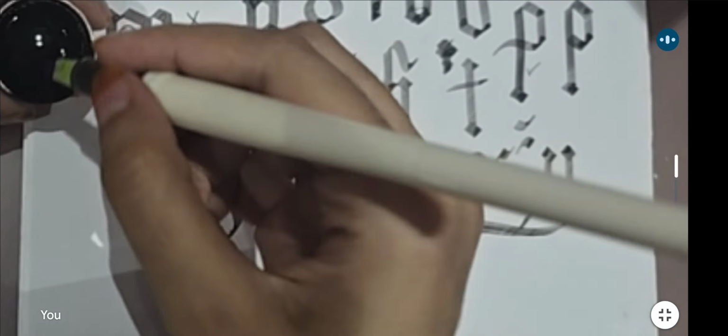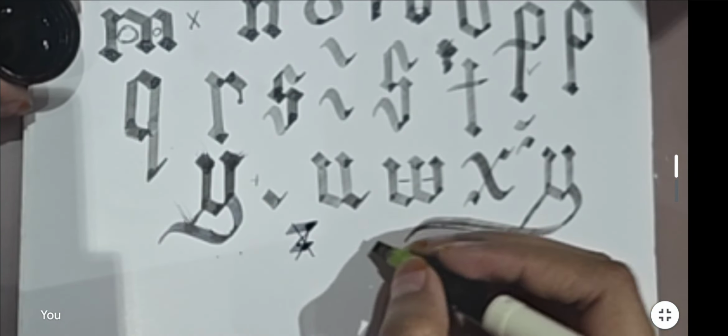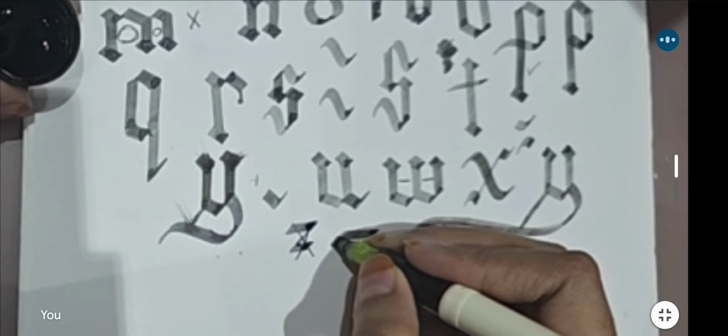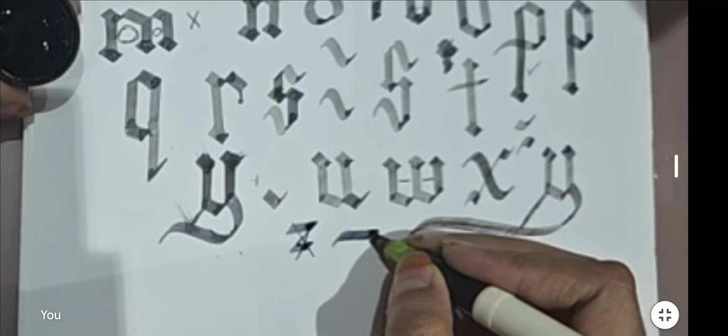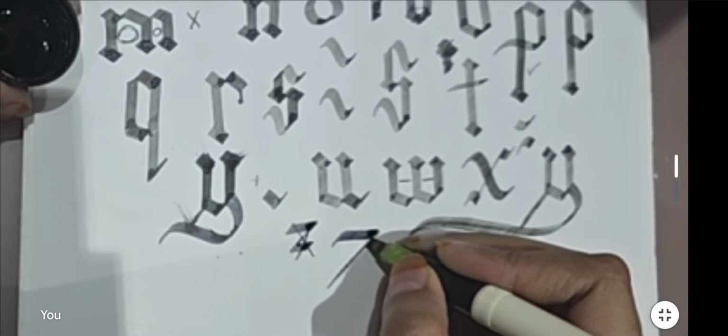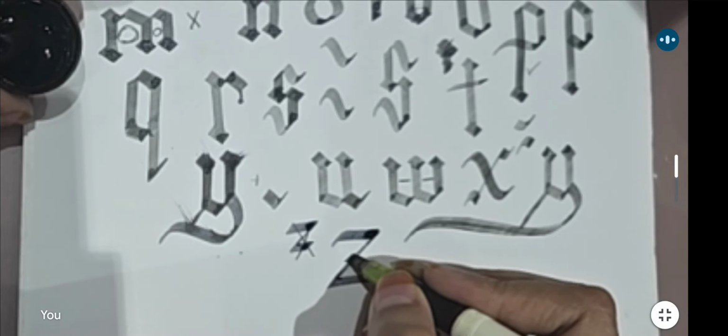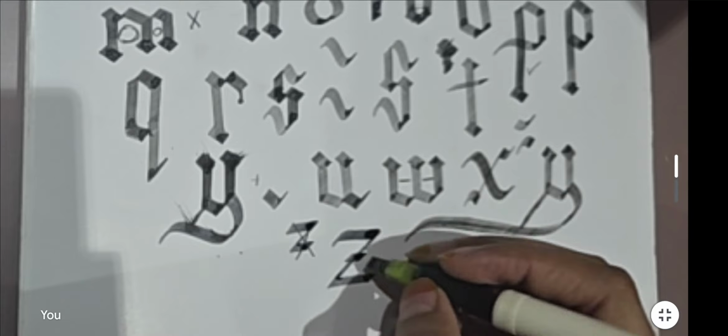Let me make it again. This is not the shape. So the shape is, first you will make the straight line like this, and then connect it with the thin line. After this, go for this shape. Fine. And in between, just add this small straight line again, like we have in T, but it's way too small in between.